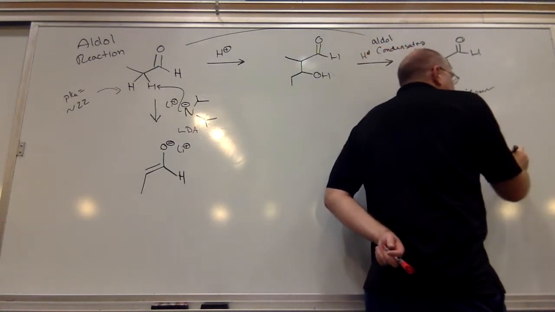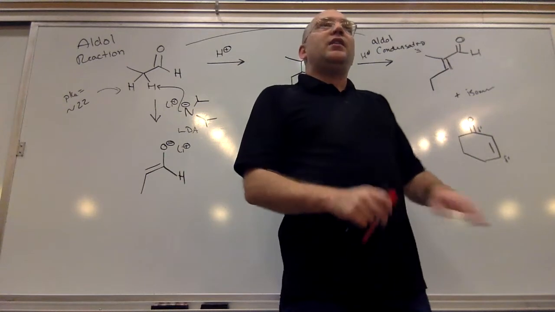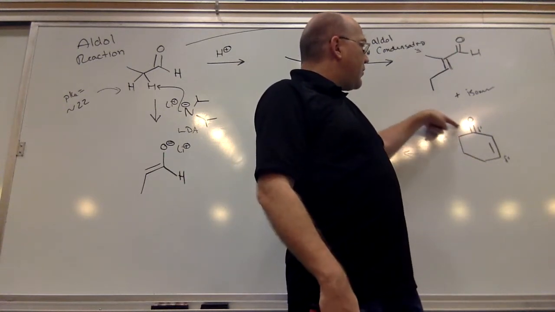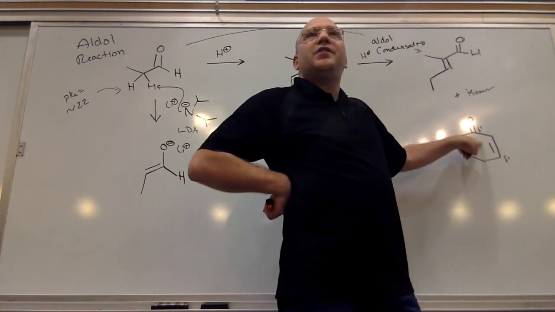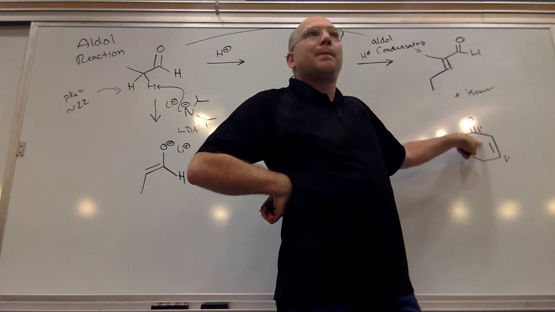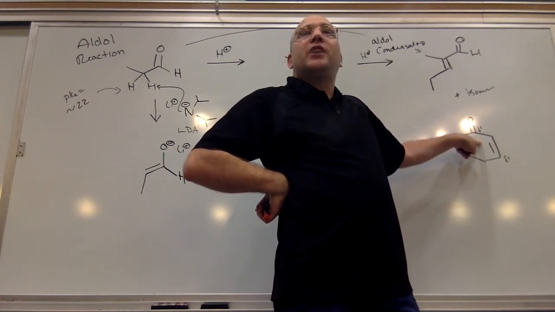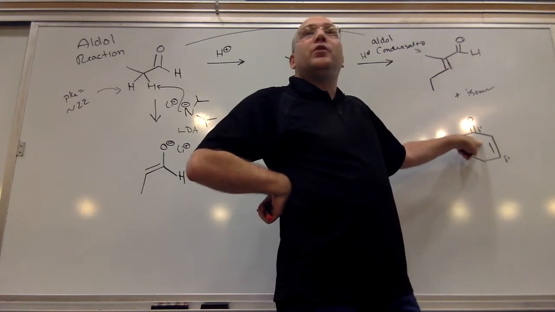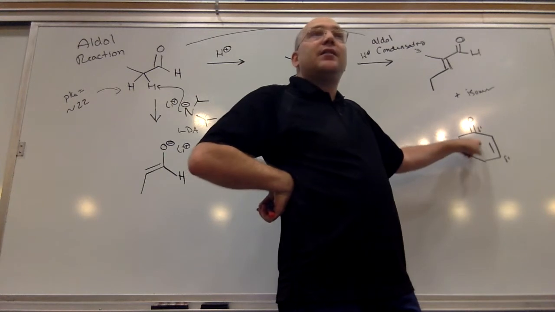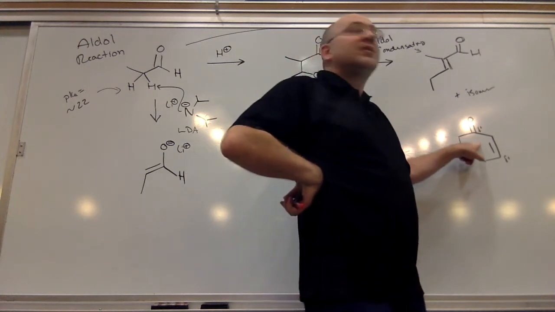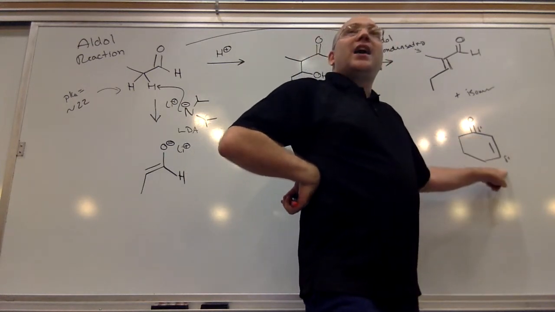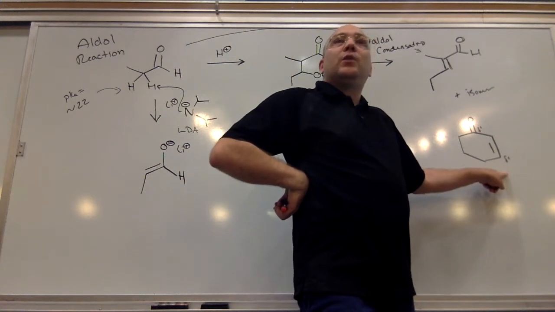If you want to react here, do you remember what reagents you use? You'll use a Grignard or an alkyllithium, and we'll come back to this in a couple minutes. If we want to add to this carbon here, what do we use? We said the cuprates, right?